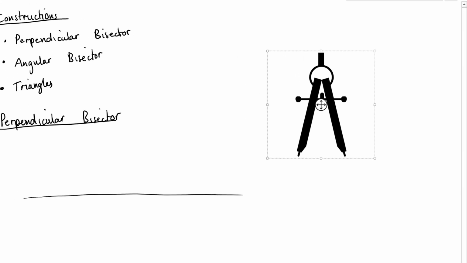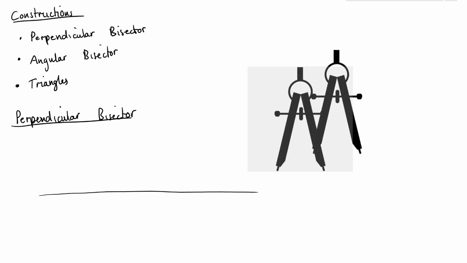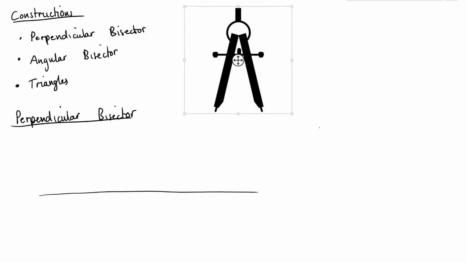Step one is we need to open the compass so that it fits. If we put the point on here, the compass should be able to draw a line past the halfway point.